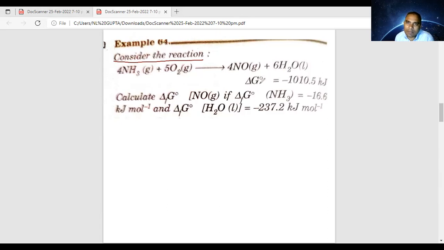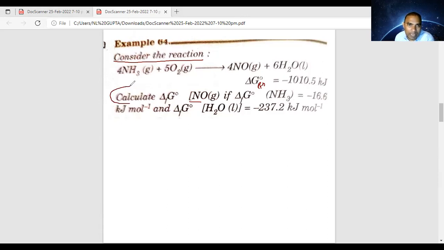Delta G naught for the reaction they have given as minus 1010.5 kilojoule per mole. They have given the NO formation, and NH3 formation as well.